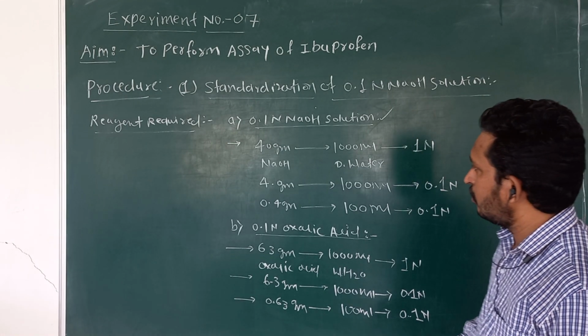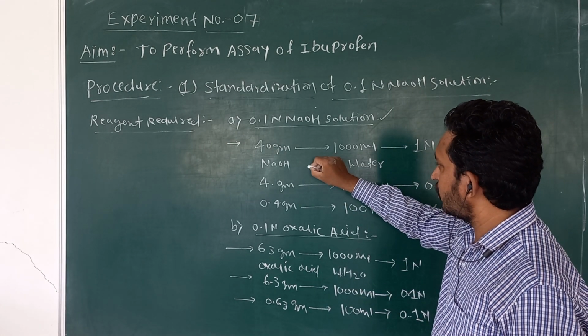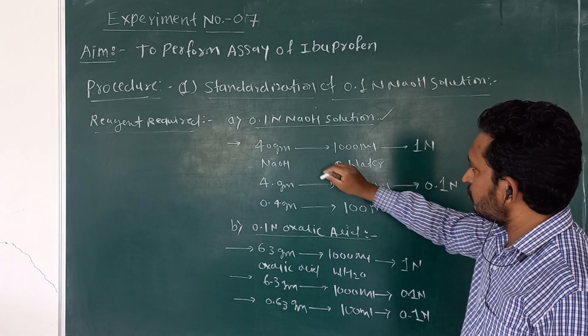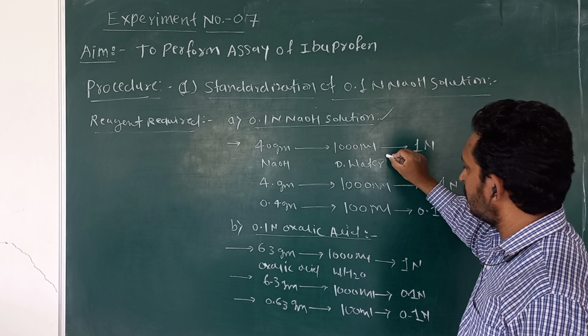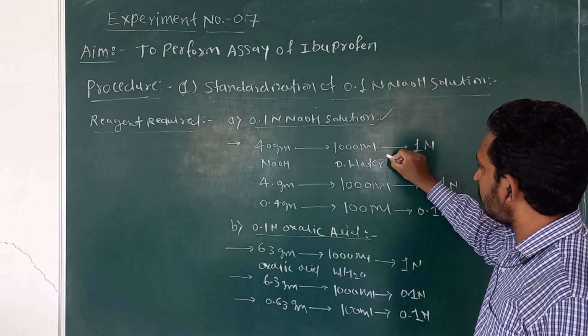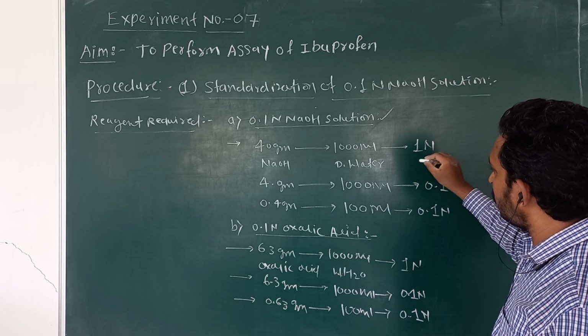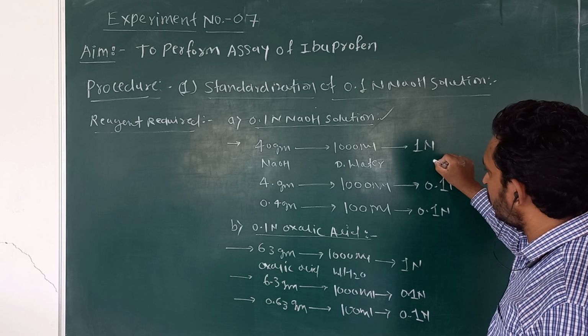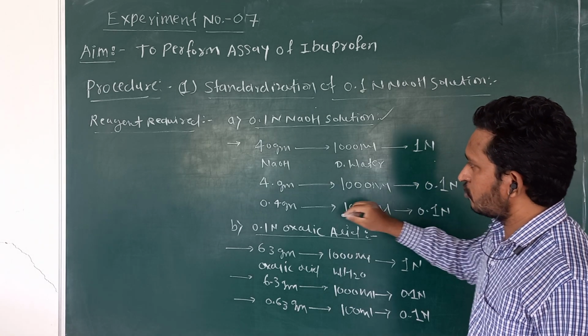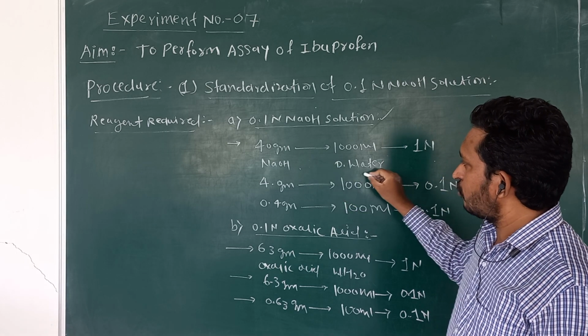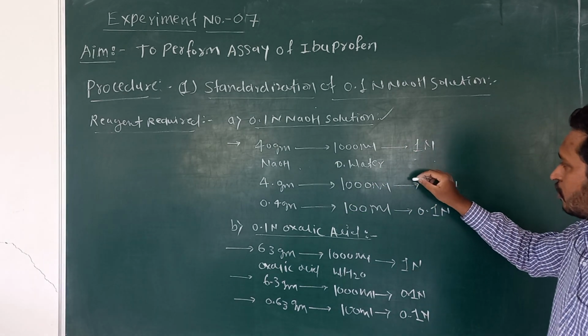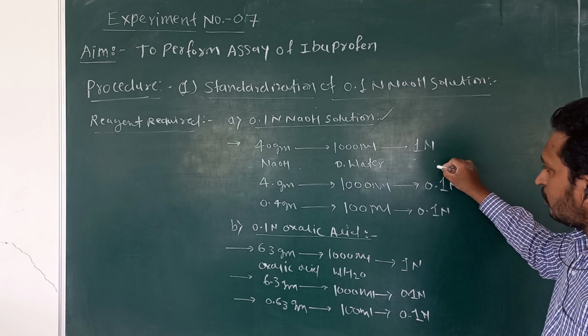First of all, you have to take 40 gram of NaOH solids or flakes and dissolve in 1000 ml of distilled water. So that will be 1 normal.